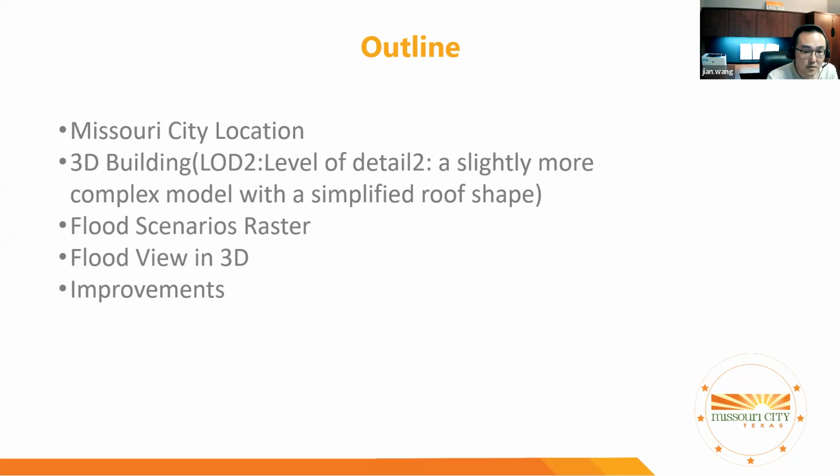Next, I will show you my 3D level of detail tool, which is called the LD2 building model, which is a slightly more complex model with a simplified roof shape. This model applies procedural rules to the building footprints, leveraging attributes like building height, eave height, roof type, and roof direction to generate the LD2 buildings with slope and ridged roof types.